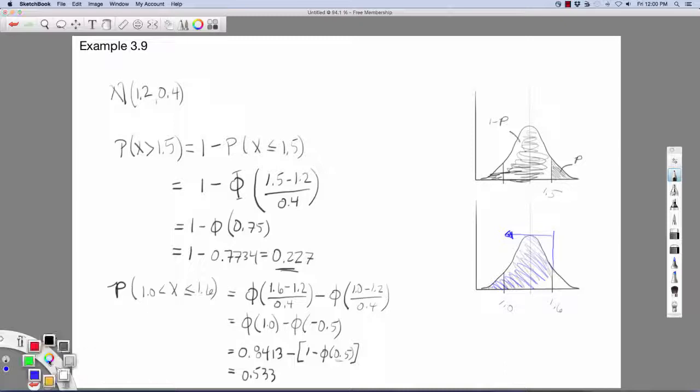Let's make this one red, here and down. What we're left with is the gray area, the original area in between. That's all we're doing when we get a problem like this.